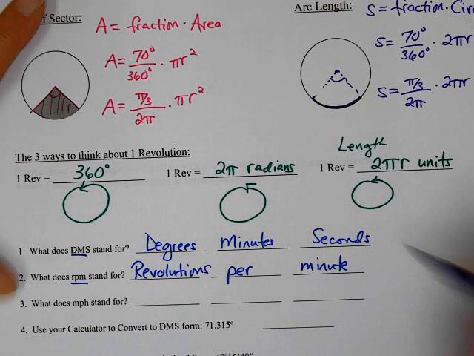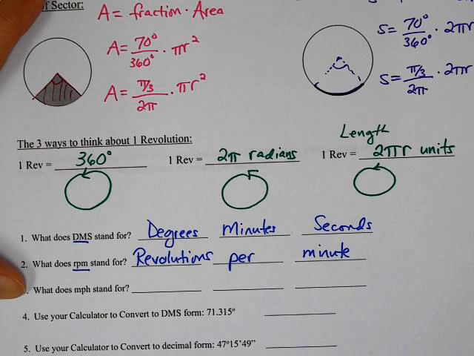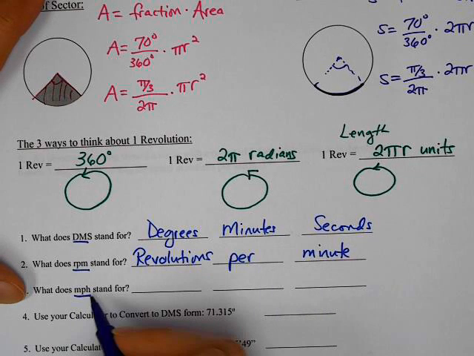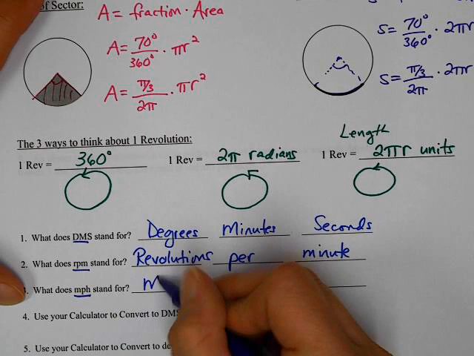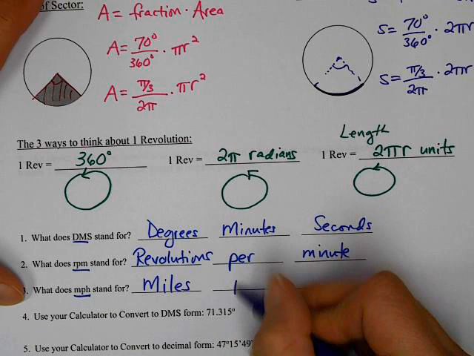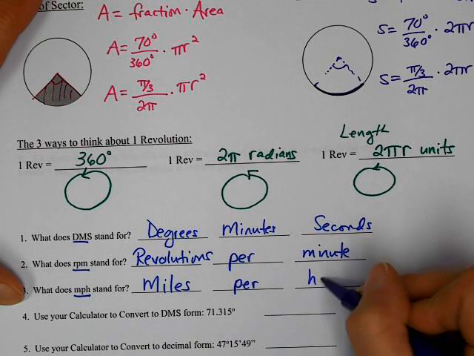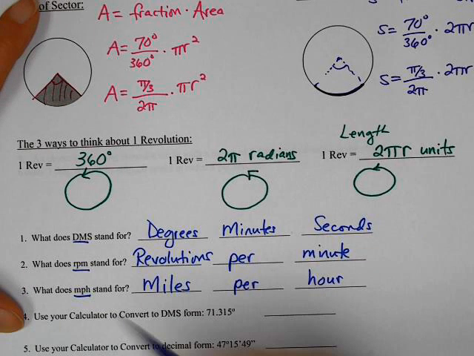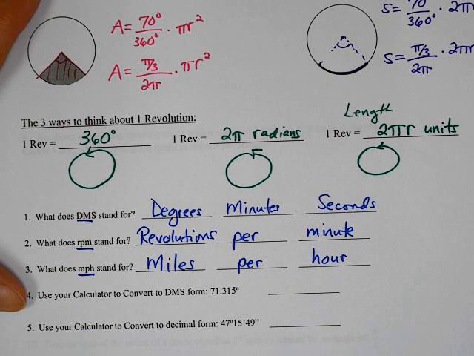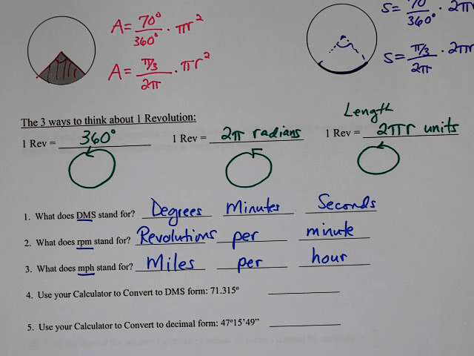How many revolutions around a circle is it making? MPH, anybody that drives a car knows this. Miles per hour. If abbreviations are given in a problem, you have to know what they mean. If you want to, you could use those in your answers as well.